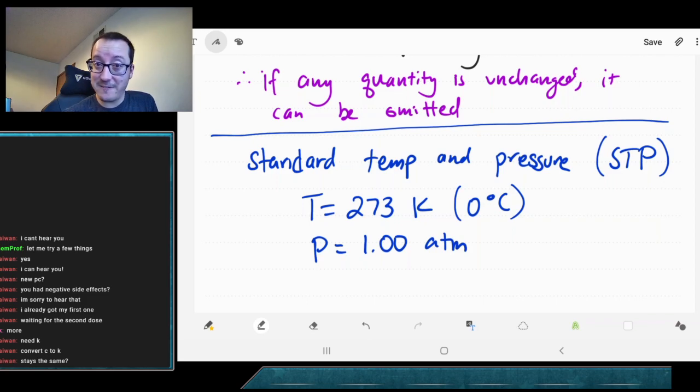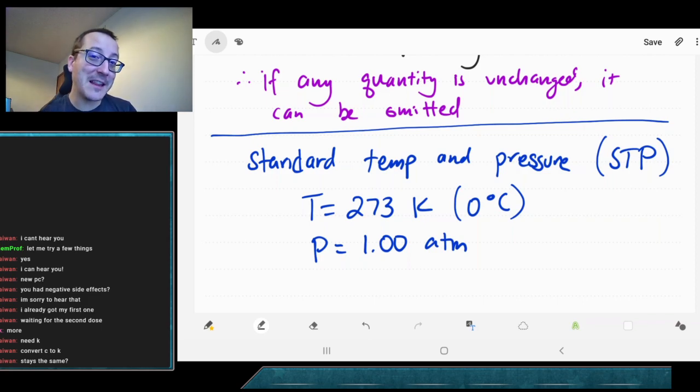It is technically officially 1 bar, but if you look in any chemistry textbook, you'll still see that they use atmosphere for teaching STP. So while it is technically 1 bar, almost universally people still use atmosphere. So it's just force of habit, I guess.